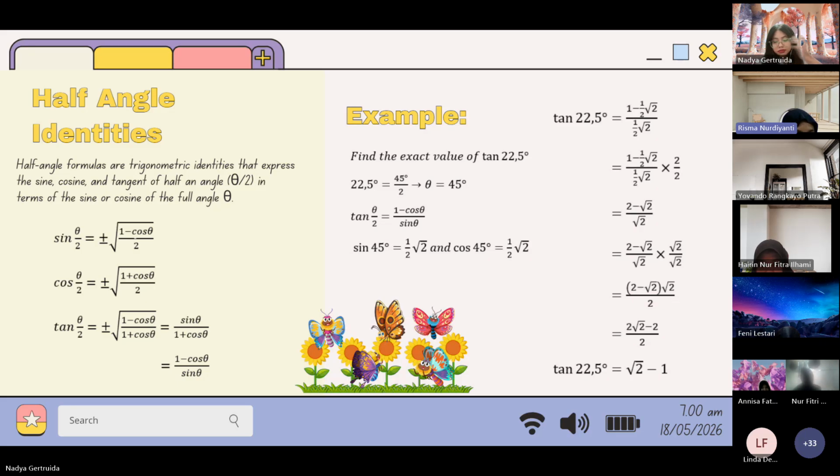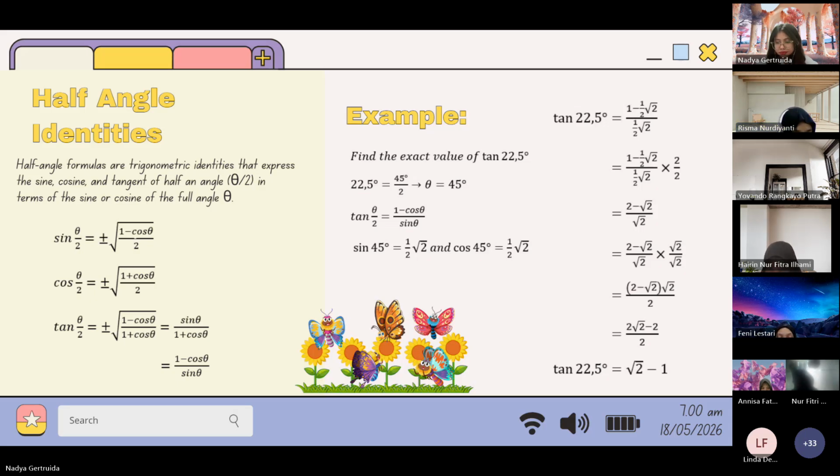Then, multiply the numerator and denominator by the square root of 2, resulting in open bracket 2 minus the square root of 2 close bracket multiplied by the square root of 2 over 2, which equals 2 times the square root of 2 minus 2 over 2. The tangent of 22.5 equals the square root of 2 minus 1.